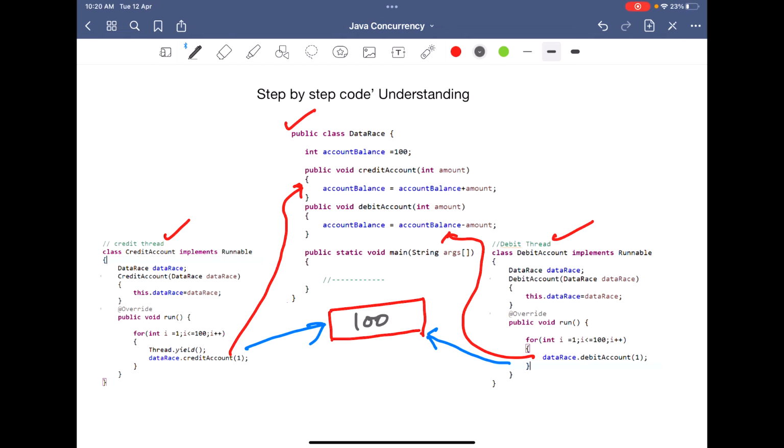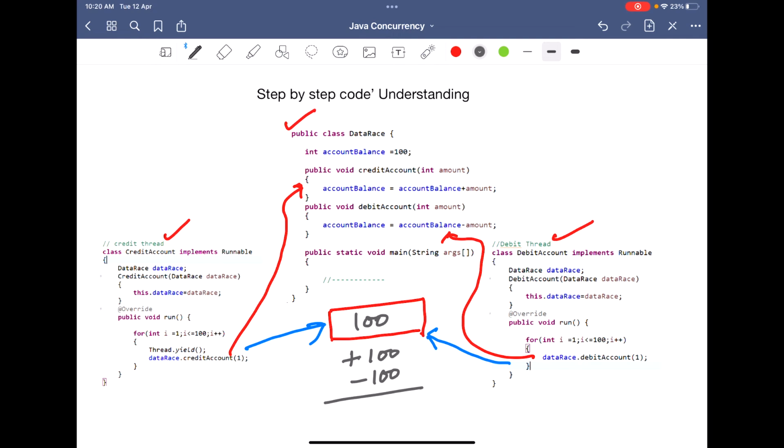What does credit account do? Credit account adds one, 100 times, so it adds the value 100 to the account balance variable. And what does debit account do? Debit account subtracts one, 100 times, so it subtracts the value 100 from the account balance variable.